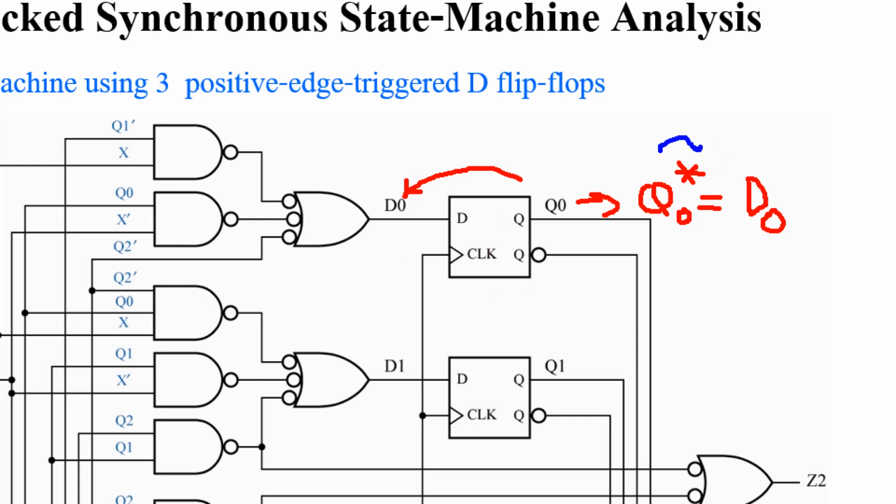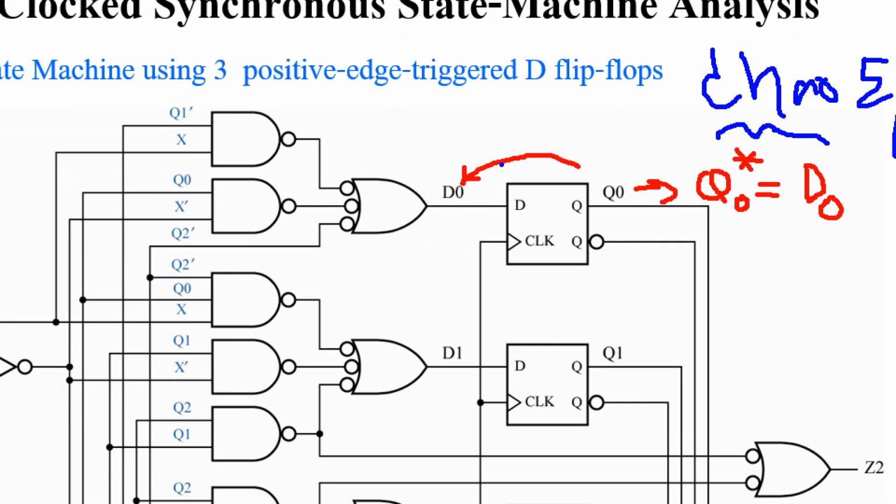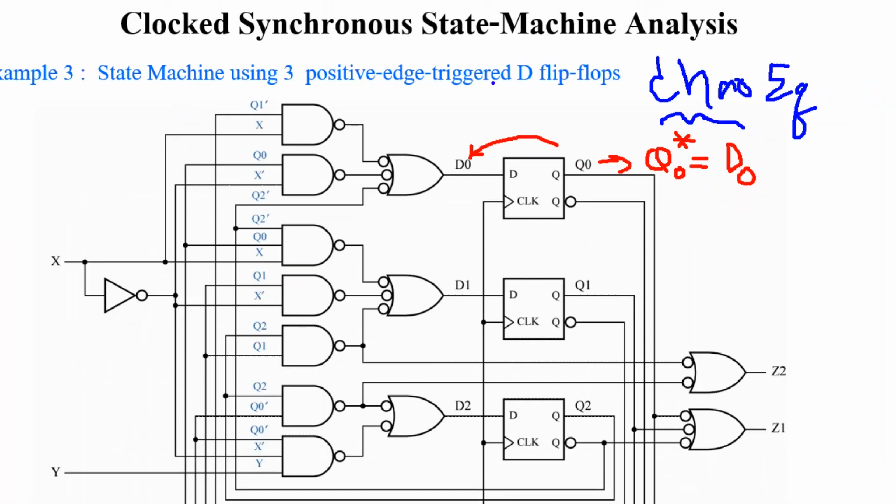Namely, this is the characteristic equation of the D flip-flop. If I want to know the transition equation, I must find the relation between Q star and the state variables and input variables.